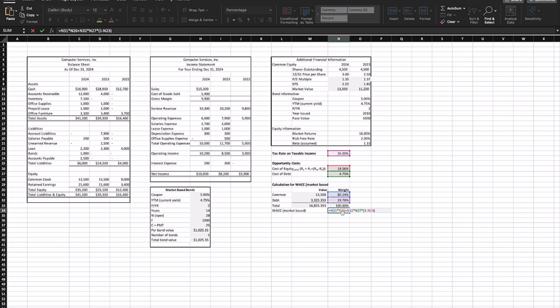Let's make sure all of the parentheses are needed in the equation, and it would seem we do. And that is how we calculate WACC.